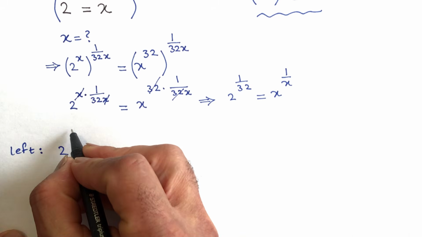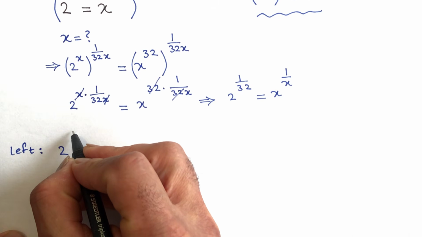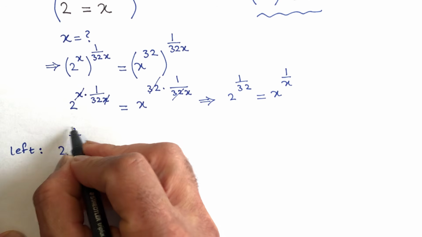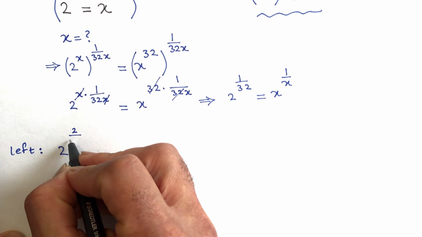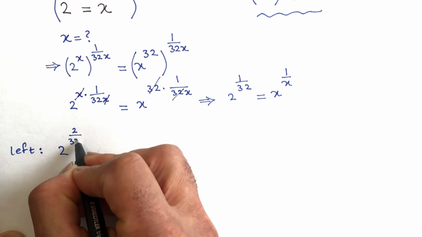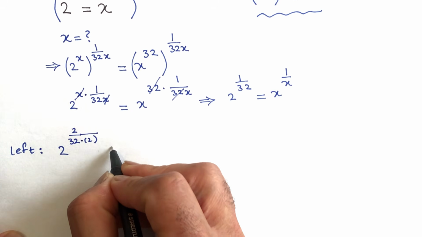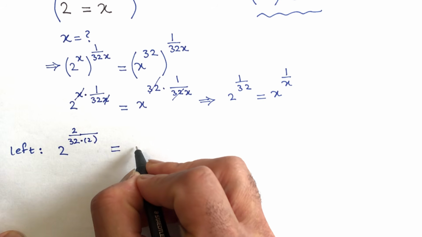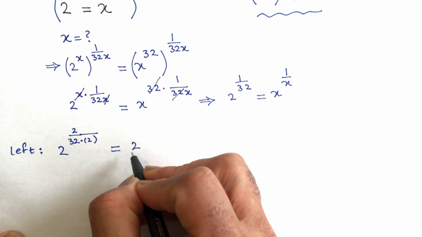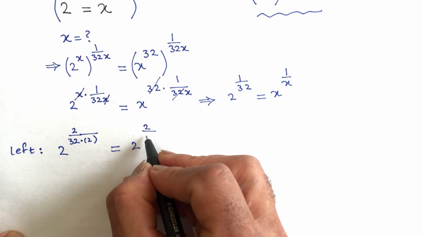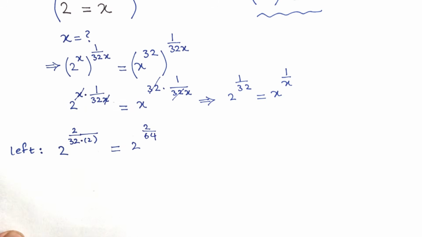2 to the power of, I just multiply both of them by 2: 32 times 2. So it equals 2 to the power of 2 over 64.